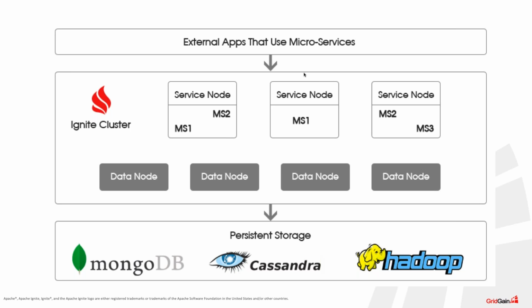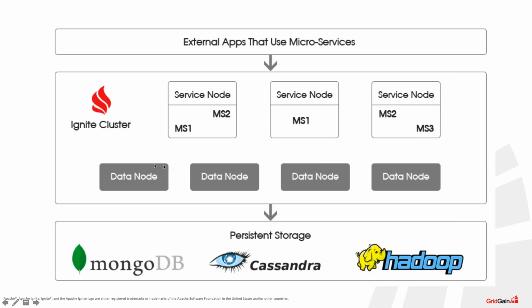Your applications can talk to your cluster using Apache Ignite APIs or some other protocols, like REST, like plain network sockets, and so on. Okay, and now let's take a more brief look at every individual component we defined in this suggested architecture.